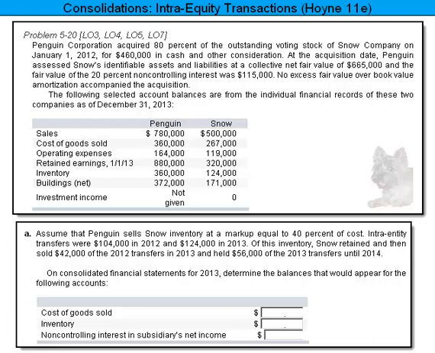Of this inventory, Snow retained and then sold $42,000 of the 2012 transfers in 2013 and held $56,000 of the 2013 transfers until the next year, 2014. And then what we're asked to do is determine the outstanding balance that would appear on the consolidated financial statements for cost of goods sold, inventory, and non-controlling interest in the subsidiary's net income.